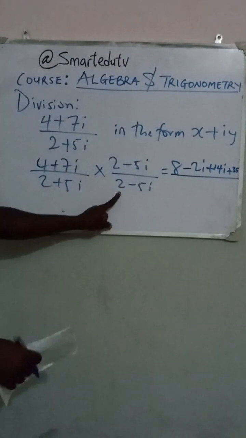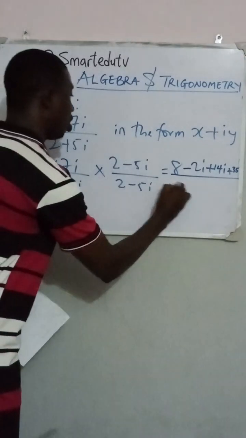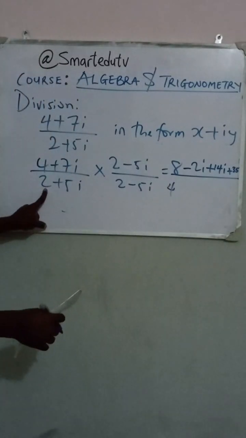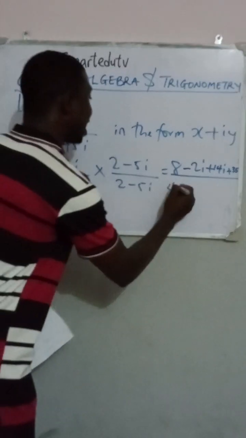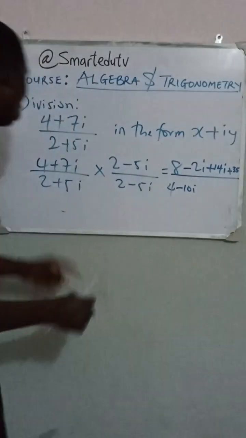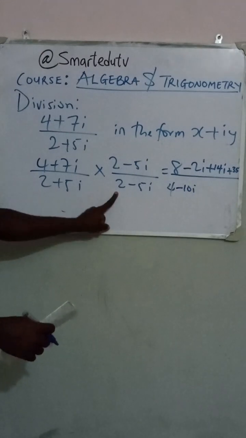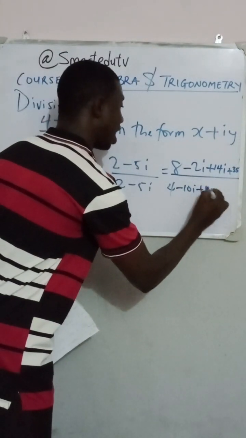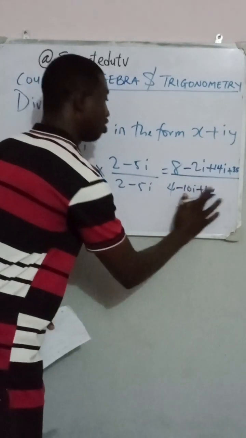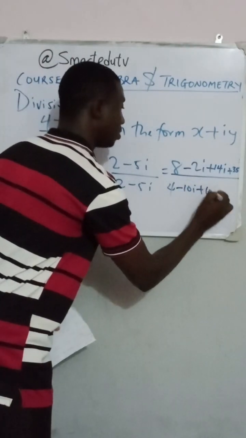2 multiplying 2 gives 4. Also, 2 multiplying minus 5i gives minus 10i. Also, plus 5i multiplying 2 gives plus 10i.